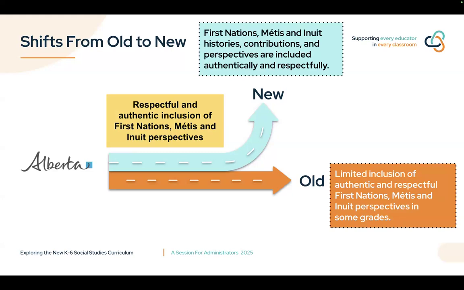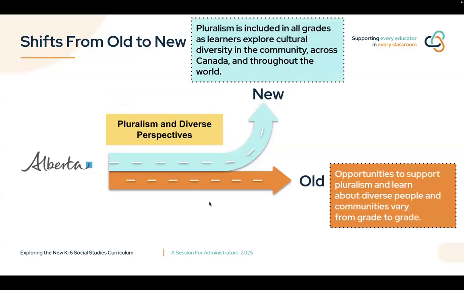There are now respectful, authentic, and inclusionary representations of First Nations, Métis, and Inuit in all the grades, and you'll see as you go through the curriculum that is quite evident where those parts are. And finally, another shift is that opportunities to support pluralism and learn about diverse peoples varied from grade to grade. And now that whole sense of inclusion and pluralism is included more visibly in all the grades and across the curriculum.